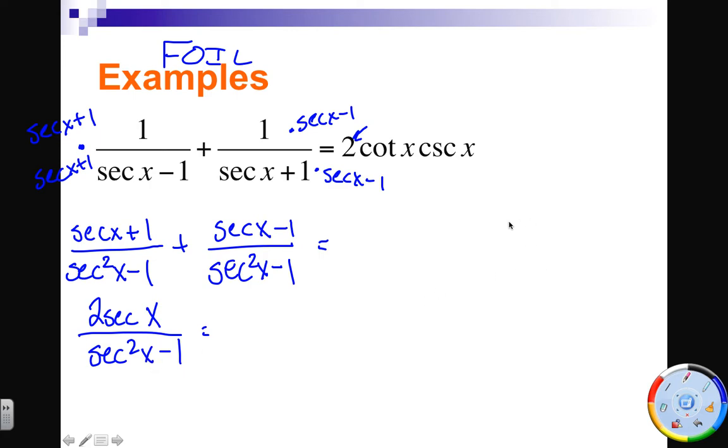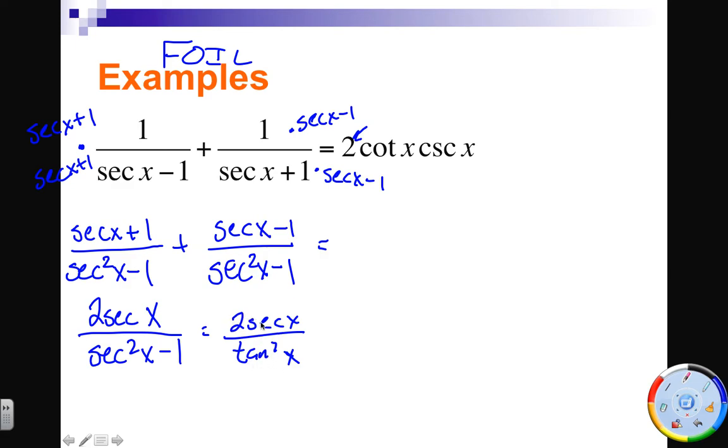Okay, so coming over here, this is actually 2 secant x over tangent squared x. Well, this still doesn't look like the piece that I want. But I do have a cotangent, and I have a tangent now.